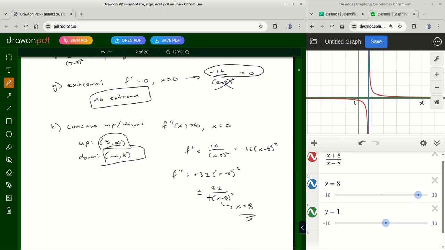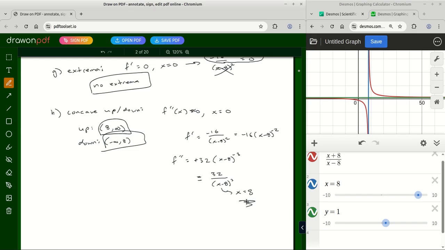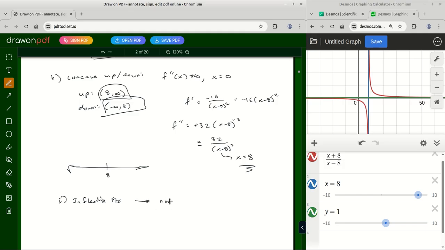We're going to have a similar situation where we're looking here at 8, and it's going to be a number line, and we're going to test around it. But then it's going to ask for the inflection points when it's actually, for reals, the top is equal to 0. And it's never going to happen. So I'm going to say none, because I'm going to say, hey, when is this equal to 0 for reals? And you don't got it.